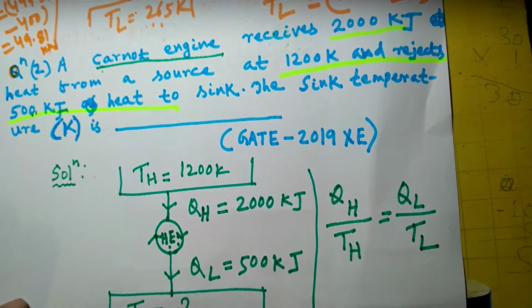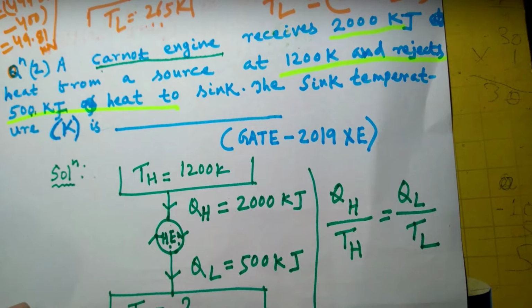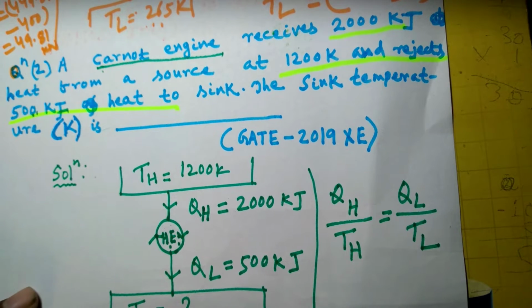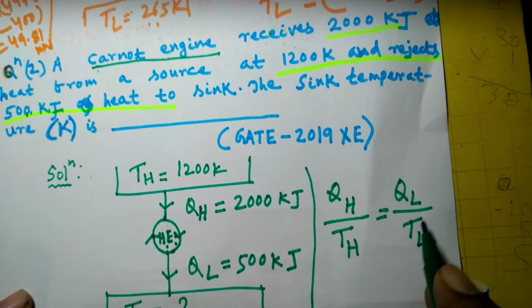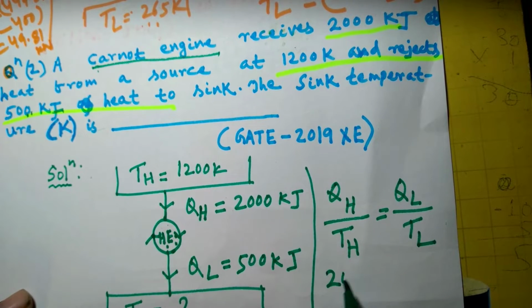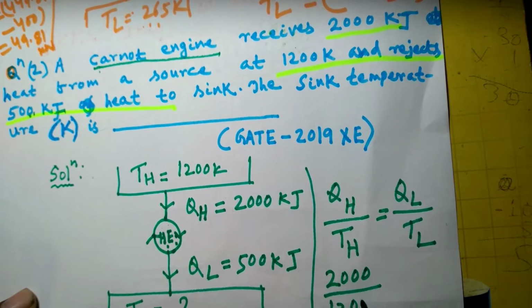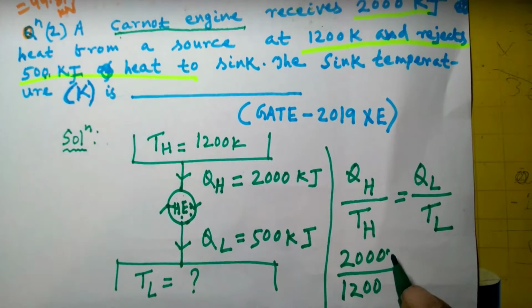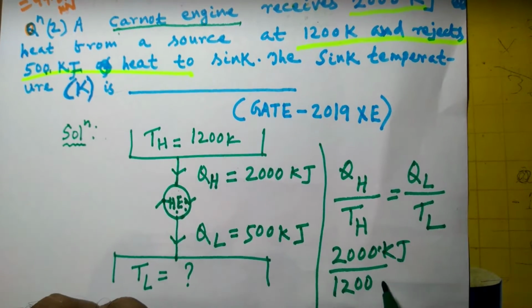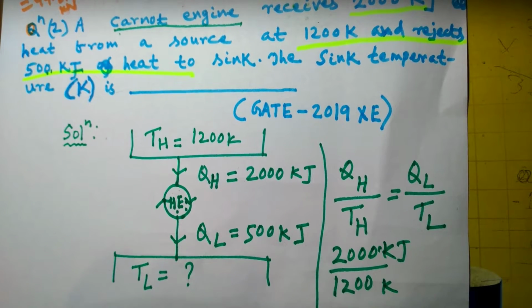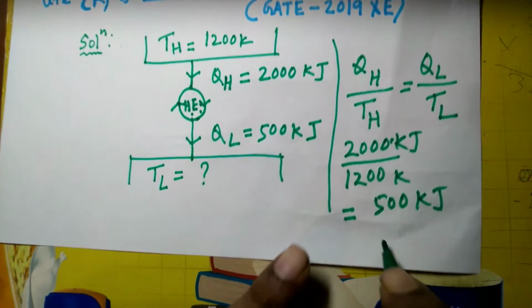This relationship is valid only for a reversible cycle, or for any device which operates on a reversible cycle. So QH upon TH is equal to QL upon TL. 2000 kilojoule divided by 1200 Kelvin is equal to 500 divided by TL.